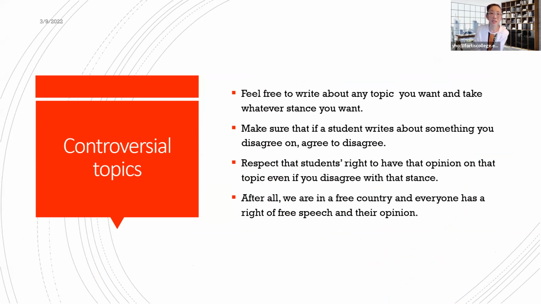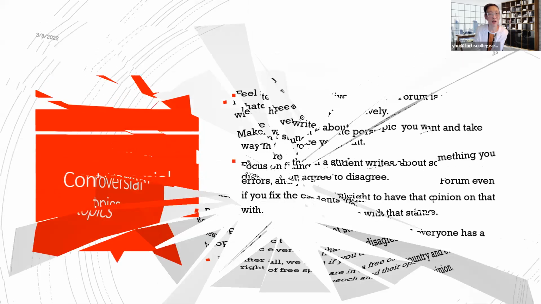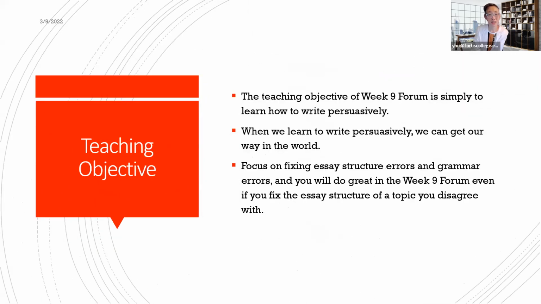So we agree to disagree. We be polite. We be courteous. And after all, it's a free country. Everybody's got a right to their opinion, right? Even if it's opposite to yours. That's why freedom of speech. So that's why I go through this. And the teaching objective in the Week 9 forum obviously is not to attack other students for their opinions, but simply to learn how to write persuasively so you can get your way in the world.